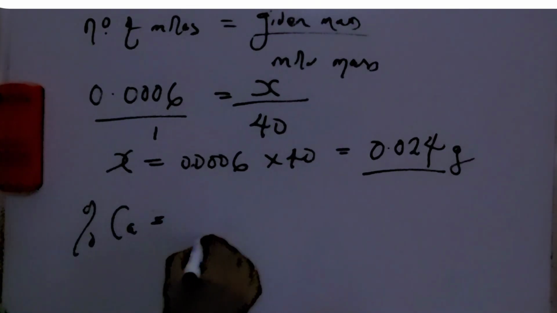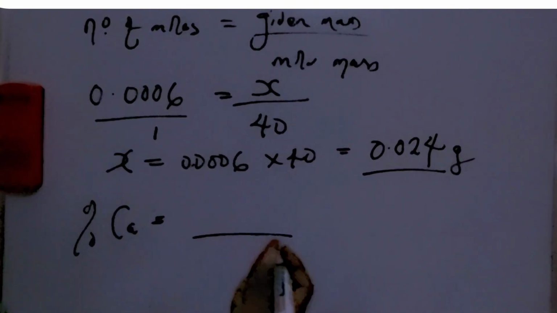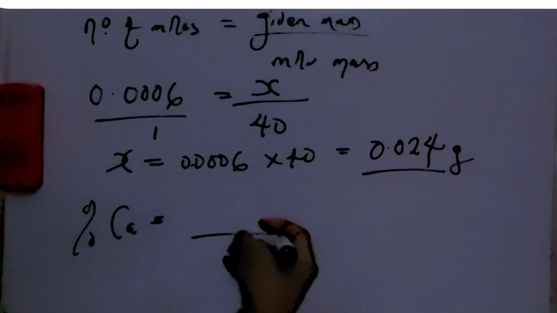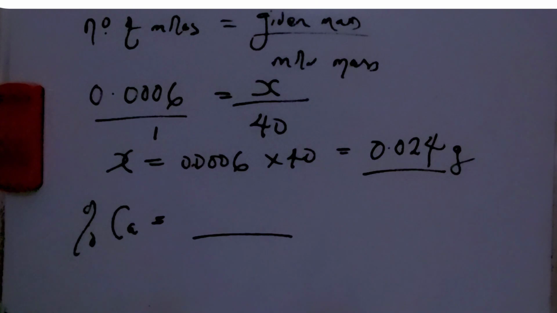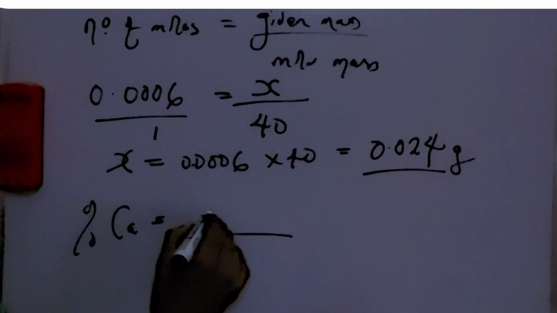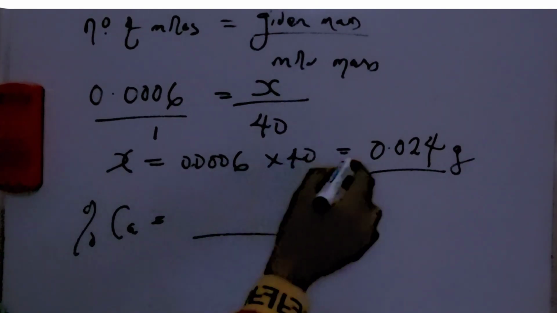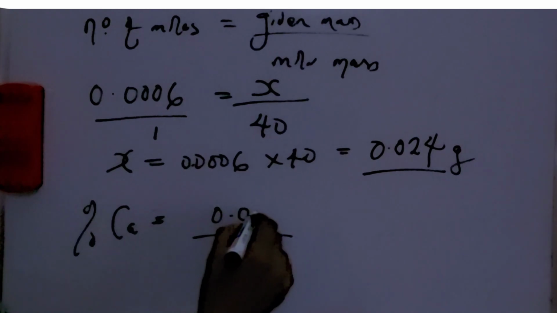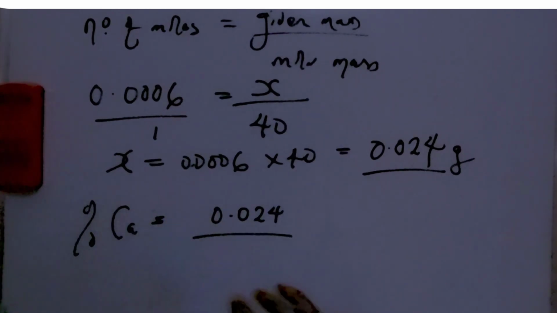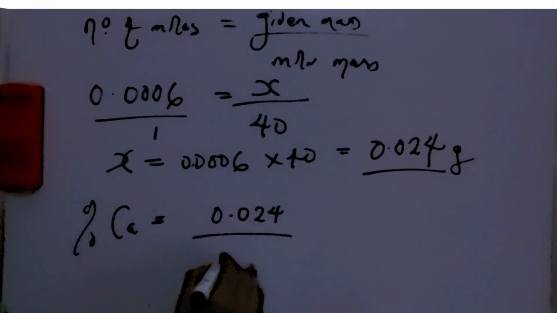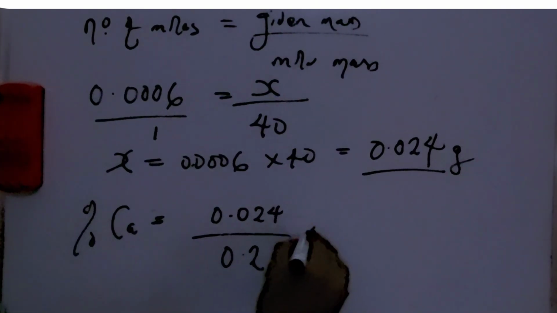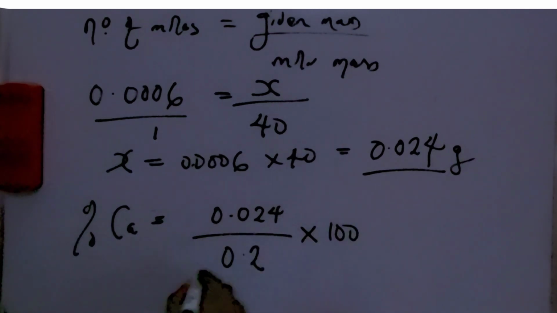So let's say you ground 2 to 3 grams of calcium carbonate. Then you took some portion, and let's say that portion you took was 0.2 gram. So the percentage of calcium is going to be this value, 0.024, divided by how much you weighed before adding HCl and those reactions started. Let's say it was 0.2, and if you multiply that by 100, that will give you the percentage.